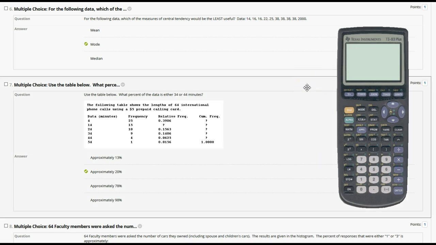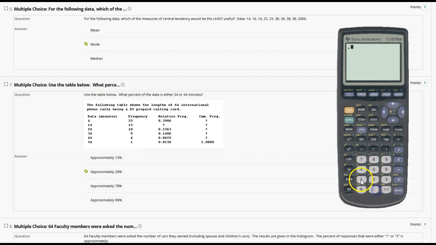Now let's take a look at problem number 7. Use the table below. What percent of the data is either 33 or 44 minutes? So what percent of the data? You should be thinking relative frequency is a percentage, so we can look at the percentage of 34.